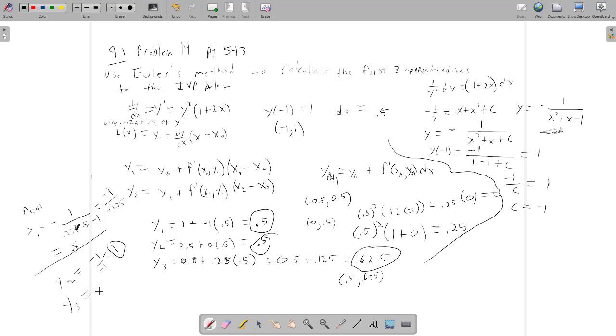So then we would get, plug in positive 0.5, you get negative 1 over 0.25 plus 0.5 minus 1, which would be negative 1 over negative 0.25. Is that right?